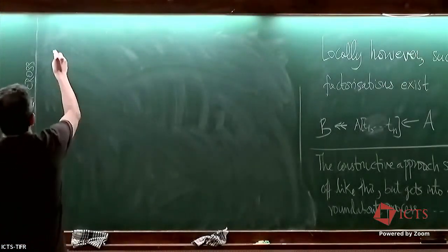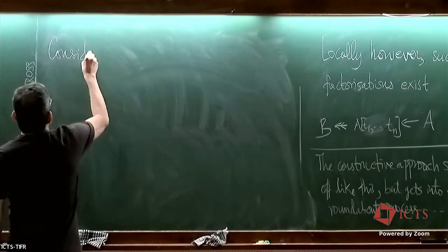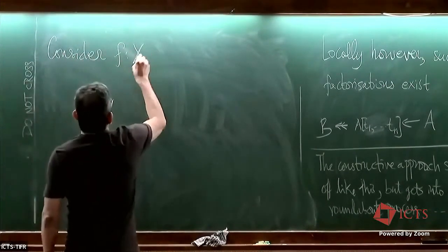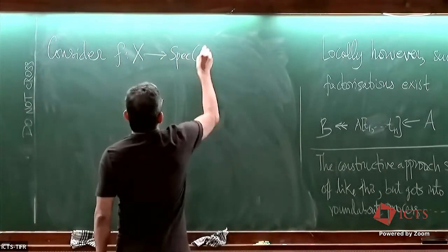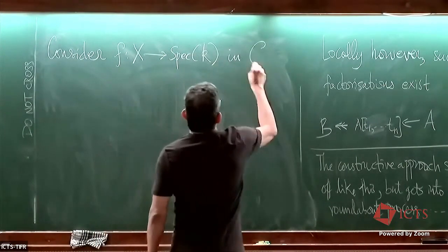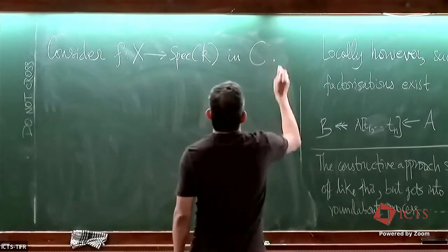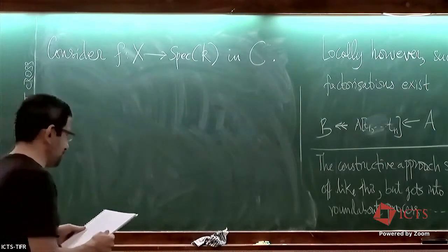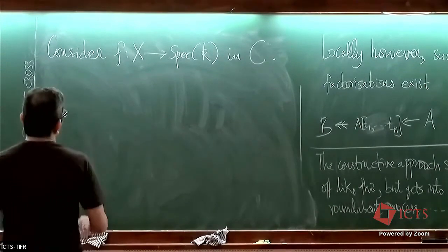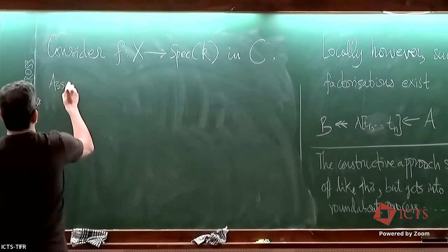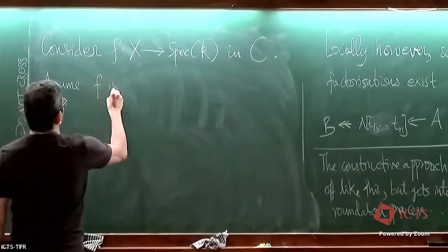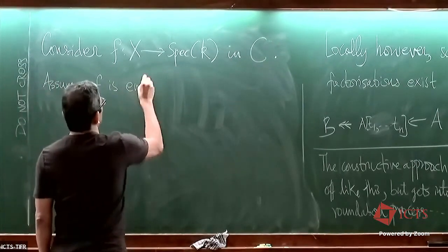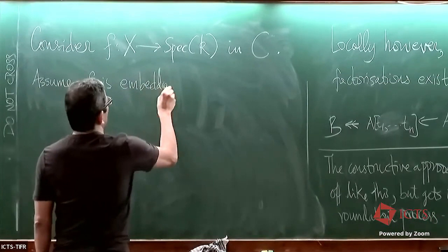So consider, take, essentially it's a K scheme, finite type, separated, and assume F is embeddable.